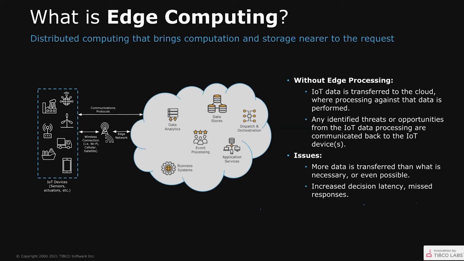For instance, without edge processing, your Internet of Things data is transferred to the cloud, where the processing happens. So you have a lot of latency because the data that is transferred can be very heavy, right? Can you transfer a big amount of data to the cloud? That's the first question you have to answer. Let's say you have machine learning and you're feeding video all the way up.